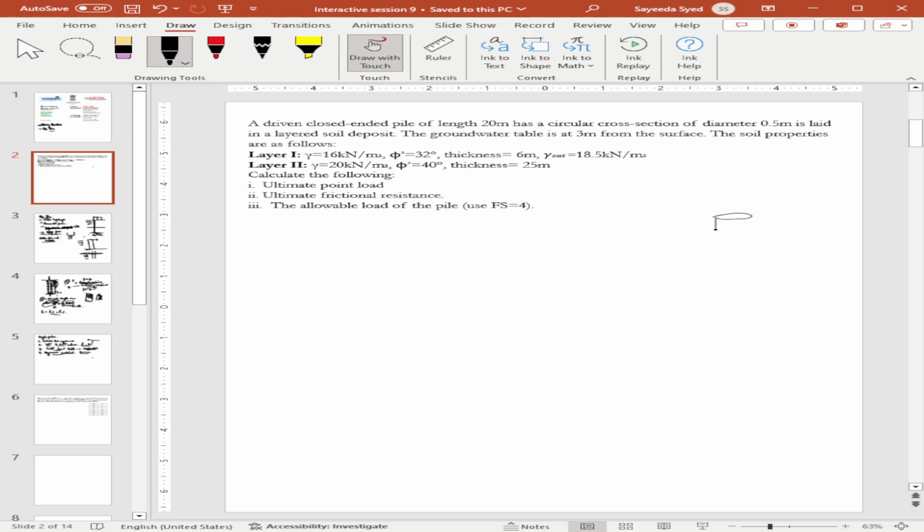And we have been given two layers. This is layer 1 and this is layer 2. The complete depth of the pile is 20 meters.